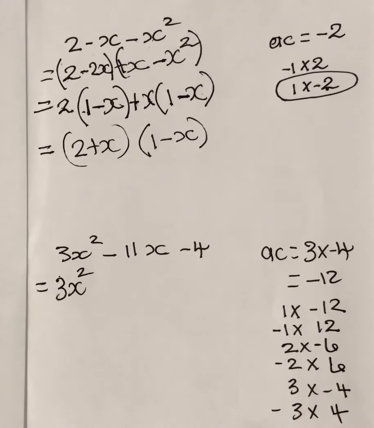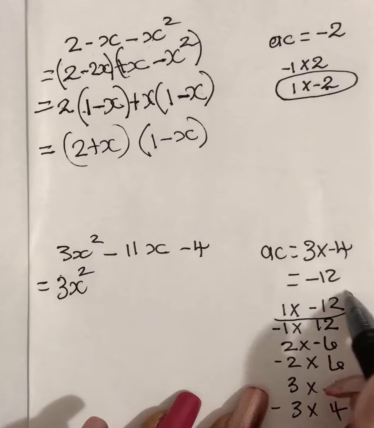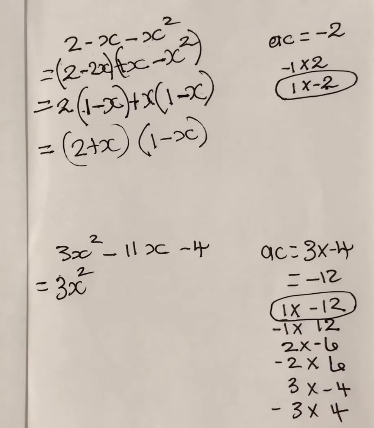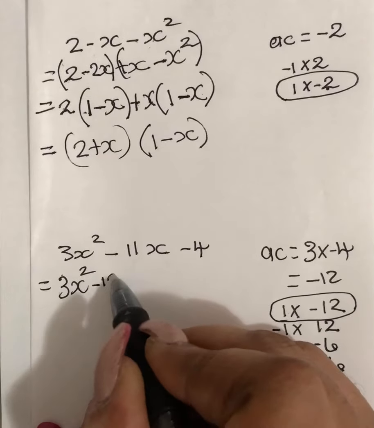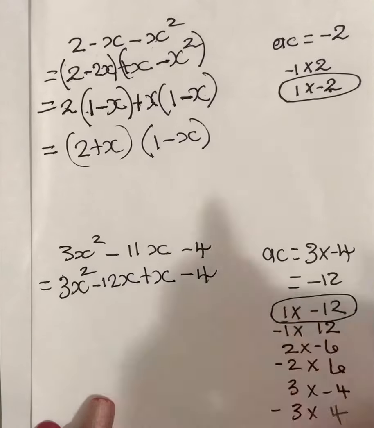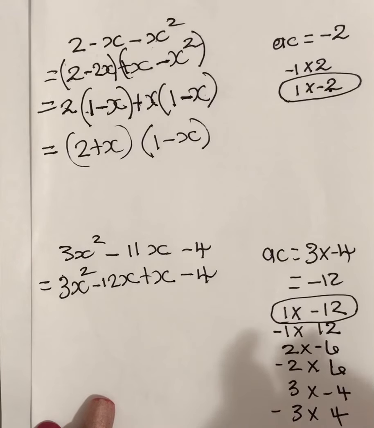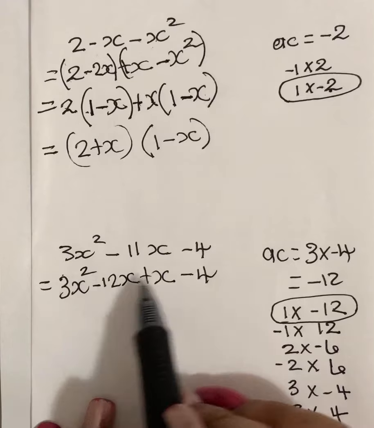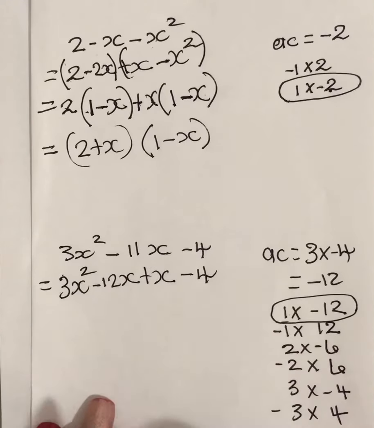So immediately I see my answer. 12 has to be negative, 1 has to be positive. So negative 12x plus x minus 4. Because when we add these two, we must get back negative 11.